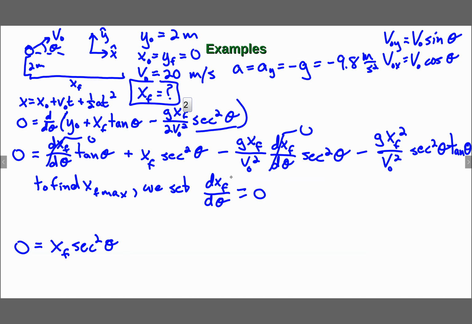So we have this first term minus this second term. So now we have this new equation, and we can solve it for xf.